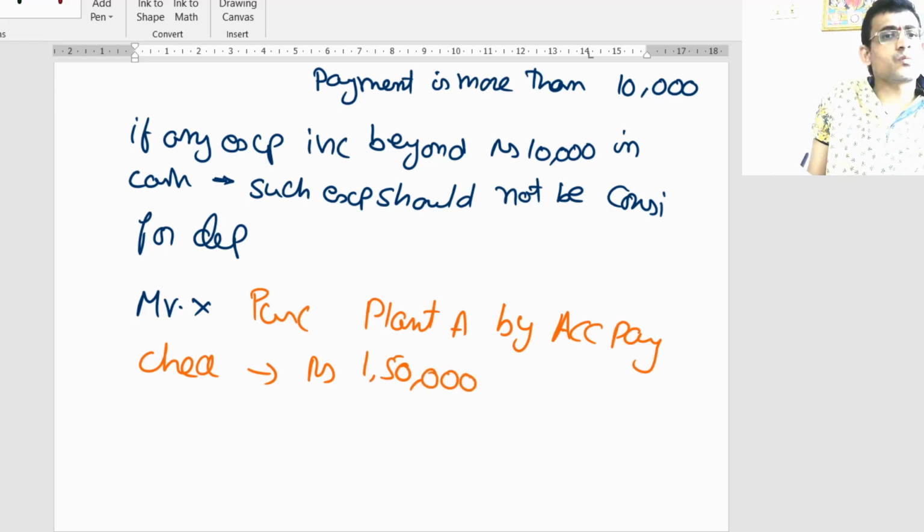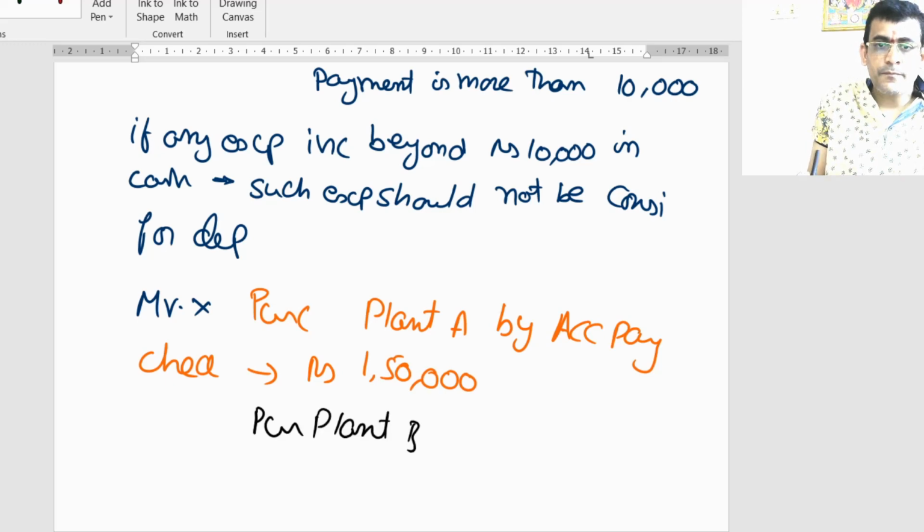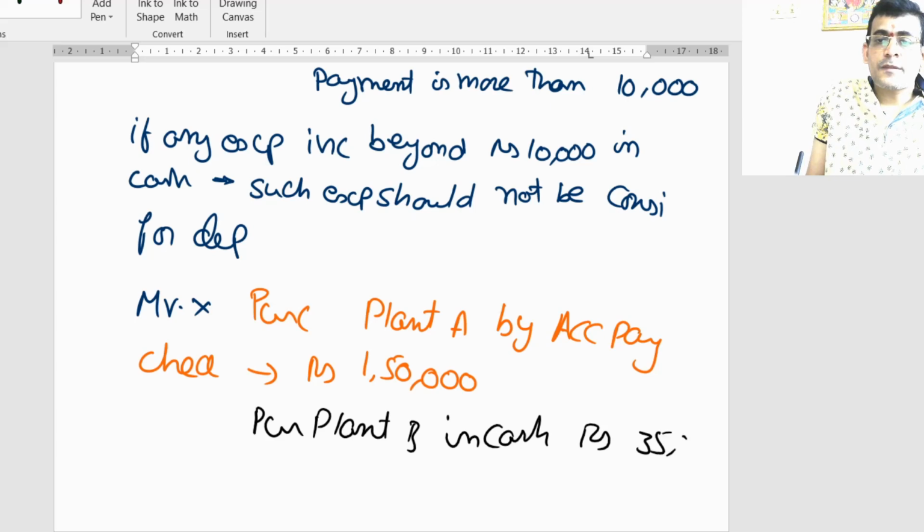Then the same person also purchased plant B in cash amounting to rupees 35,000.